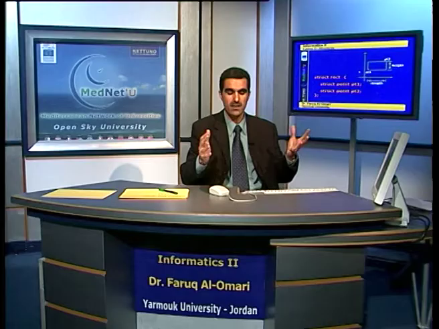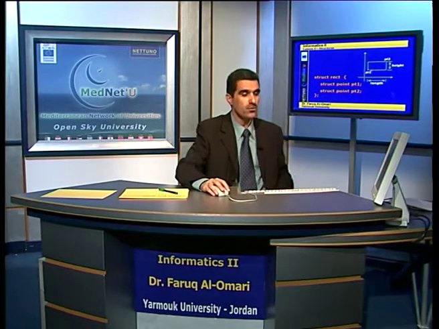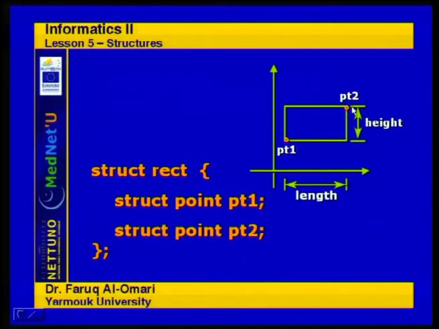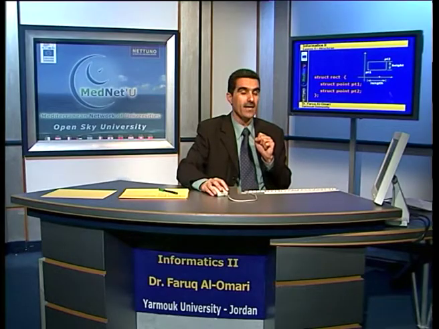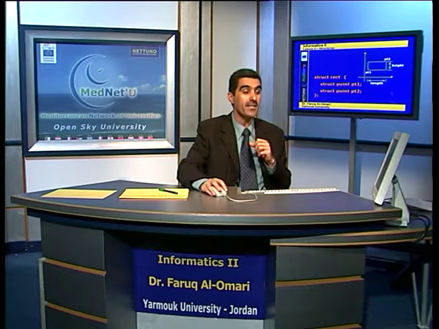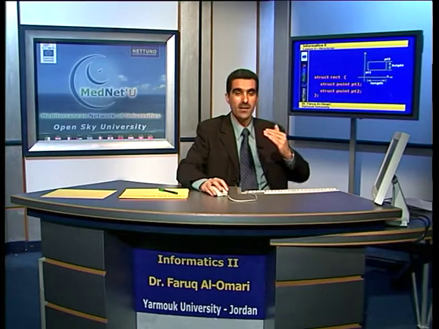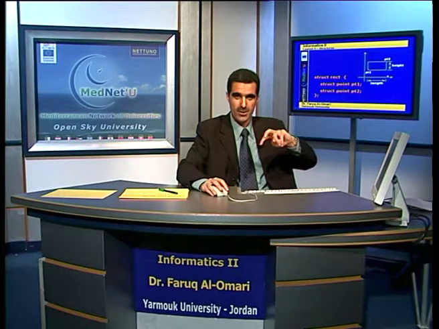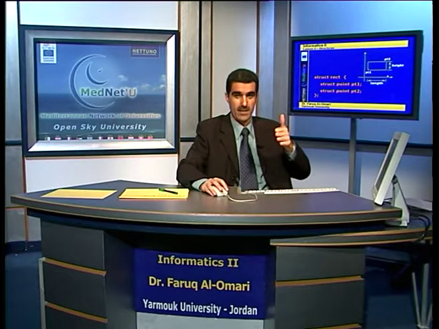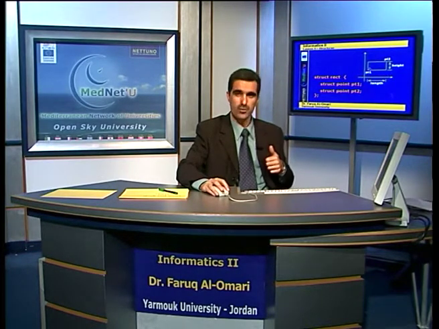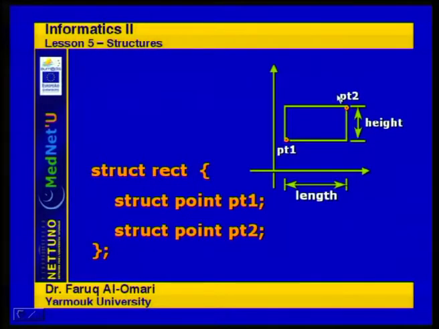To define a rectangle, we need 2 points on the rectangle, and these 2 points are enough to give all information about the rectangle, like the height, the length, etc. So I'm going to define now a structure of type rectangle, and that rectangle has 2 main members inside it. The first member is a struct which defines the first point, and the second member is a second struct which defines the second point.